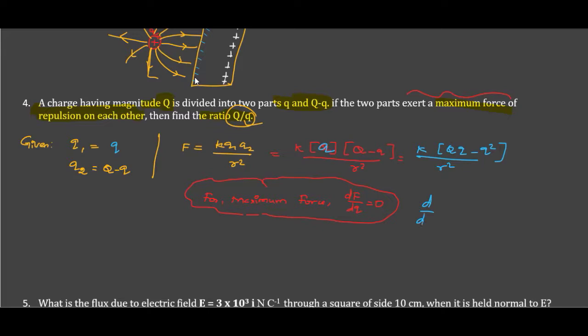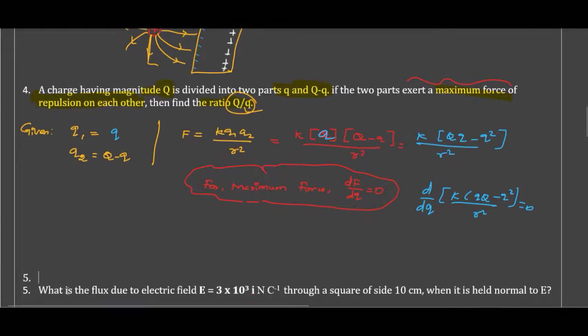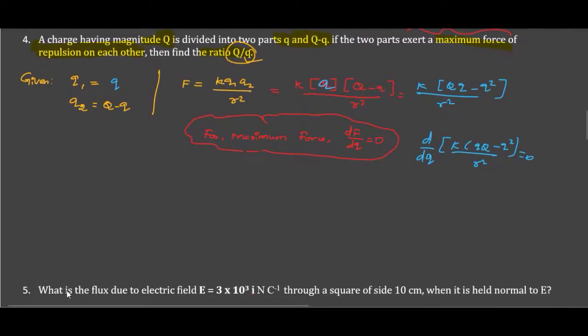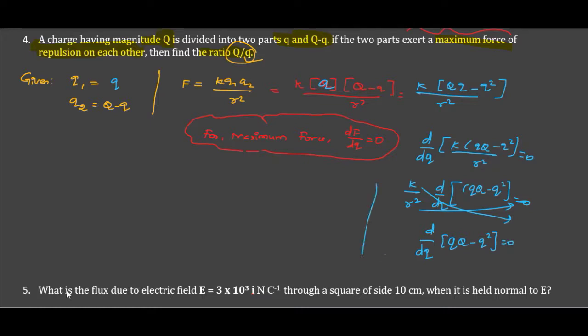So d by dq of k q into (Q minus q) by r square is equal to 0. k by r square is a constant, so we can take it outside. So d by dq of q into (Q minus q) is equal to 0, because 0 multiplied by r square gives 0, and 0 divided by k is also 0. So finally we get d by dq of q into (Q minus q) equal to 0. Now I am going to solve here.